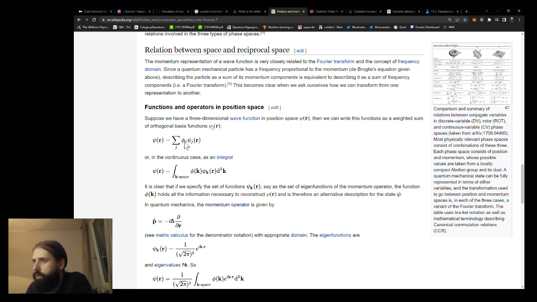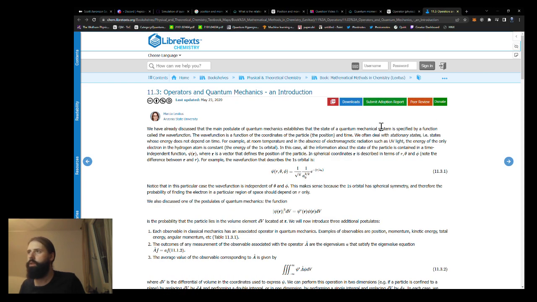So you have this one, and you say, well, if I just have my function in momentum space, why should it hold all the necessary information to reconstruct psi of r? It just keeps confusing me.